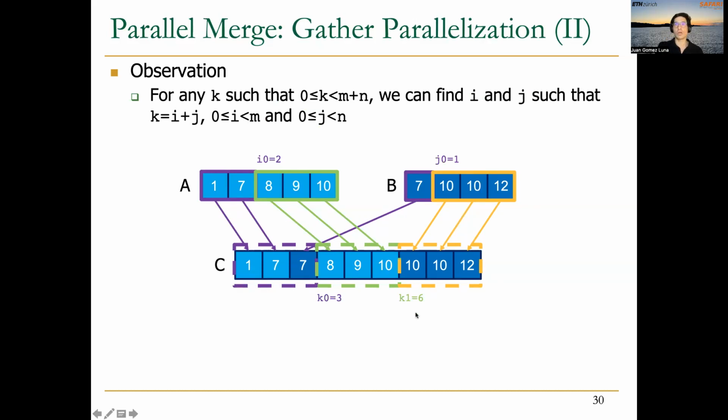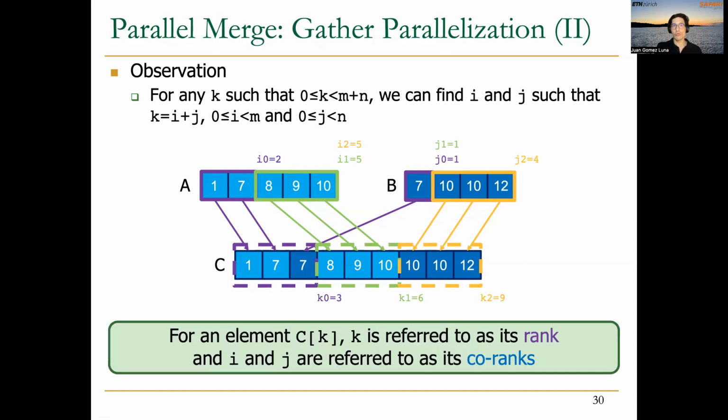For example, k1 is equal to 6, and we can find this i1 equal to 5 and this j1 equal to 1. And same for thread 2, k2 equal to 9, i2 is equal to 5, and j2 is equal to 4. So for an element C[k], k is referred to as its rank, and i and j are referred to as its co-ranks.